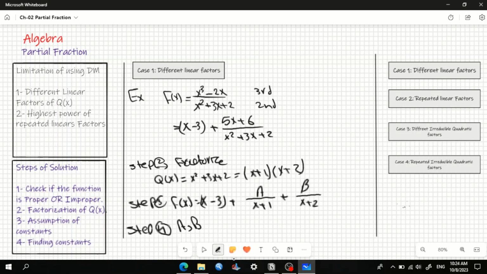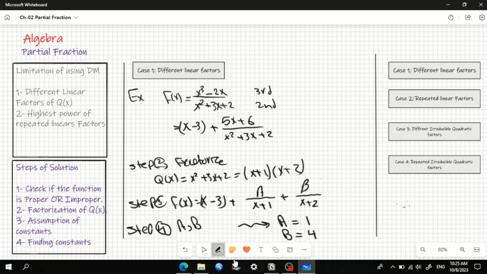If we use the direct method, as we said before, we will hide this term from here and substitute with x equal to negative 1, and here we will hide x plus 2 and substitute with x equal to negative 2. So A here will be equal to 1 and B equal to 4.